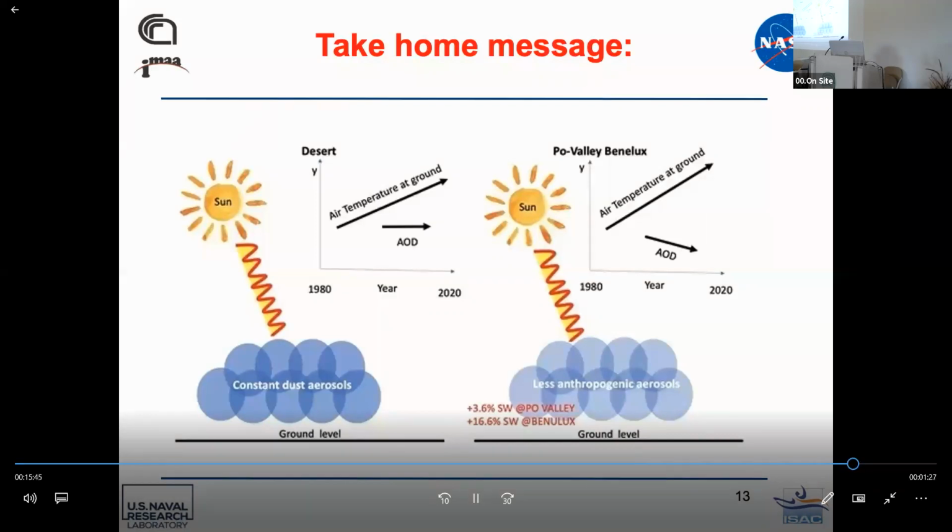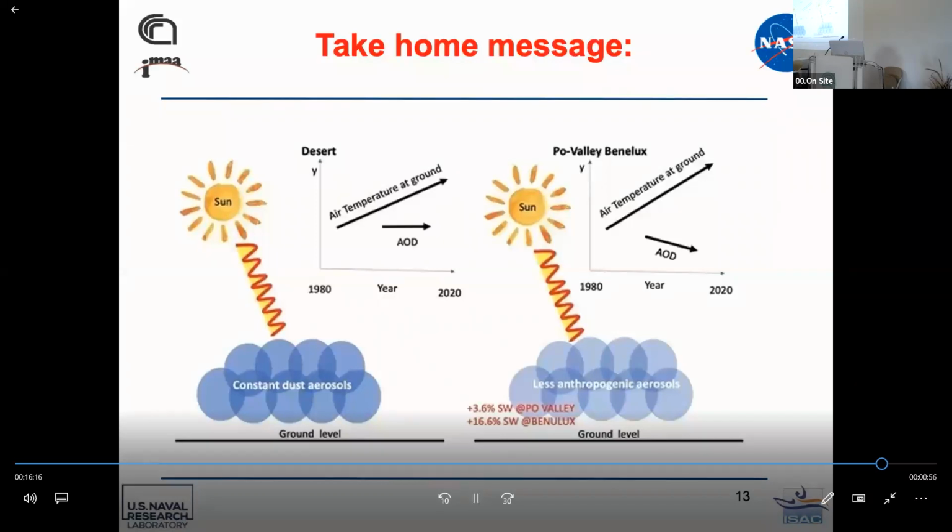In percentage terms, we have less anthropogenic aerosol, and this contributed to a 3.6 shortwave radiation increase at surface in the Po Valley and 16.6 in Benelux. This is because the European Union policies effectively reduce the anthropogenic aerosol.